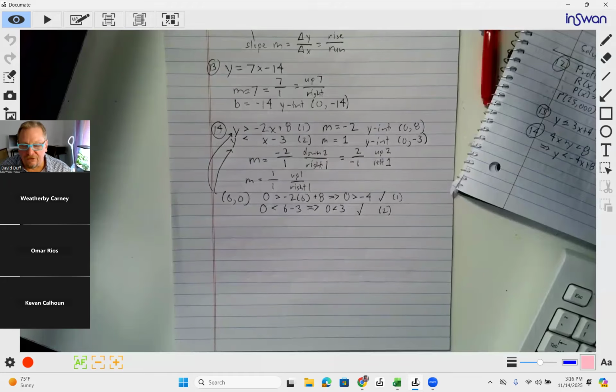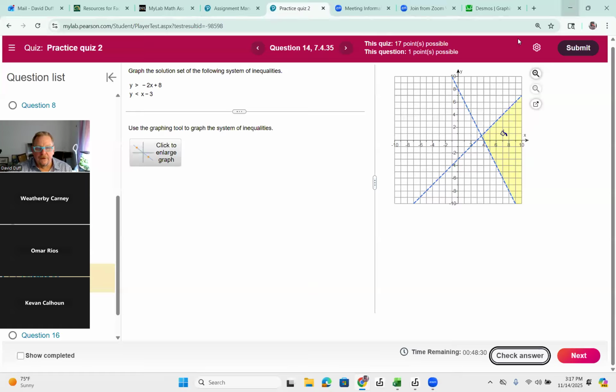I think it's much harder because now you got to be like, okay, I think it's in this region. I'm going to pick a point. And if you guess the wrong region, your point will be wrong. Now you got to pick a point from a different region. I personally believe it's much easier to just envision this. If you put it into y equals mx plus b form, then we could just worry about whether we're above or below the line.